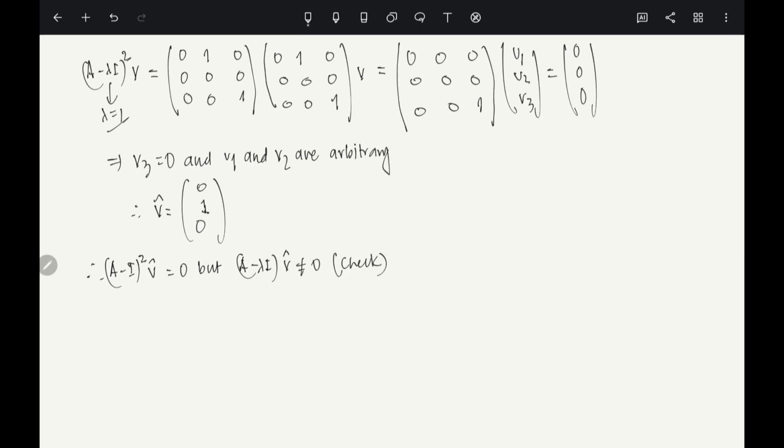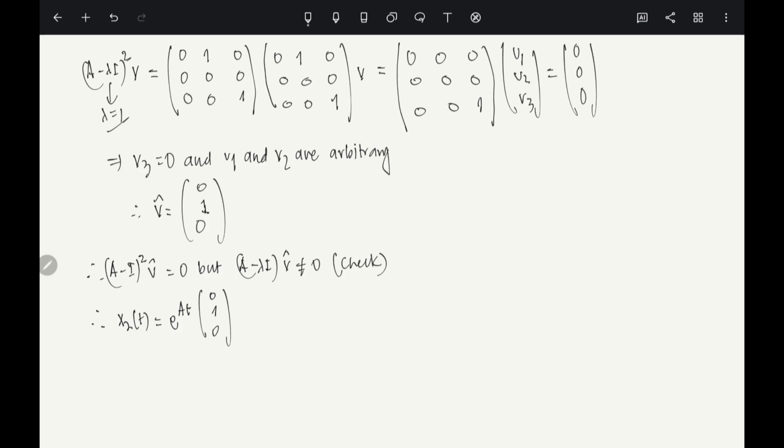So what is the solution? x2 of t will be, you remember, e to the power t times 0 1 0. That's the solution. This is any given vector, but the special part is that (A minus lambda I) squared times v tilde is 0.